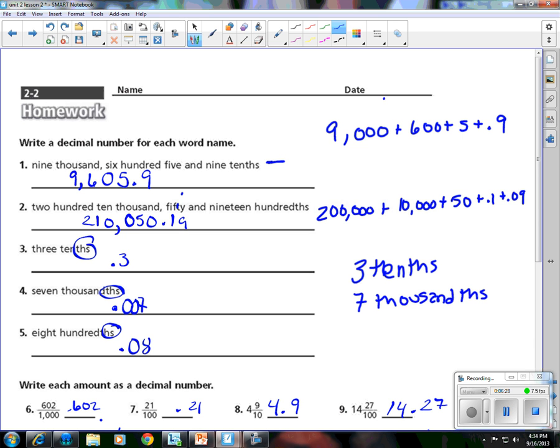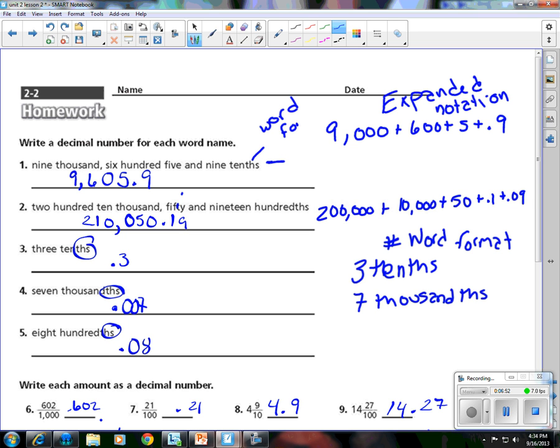So we have expanded notation. We've got number word format. We have just word format. And we have just number format, which is what you guys are most used to seeing.